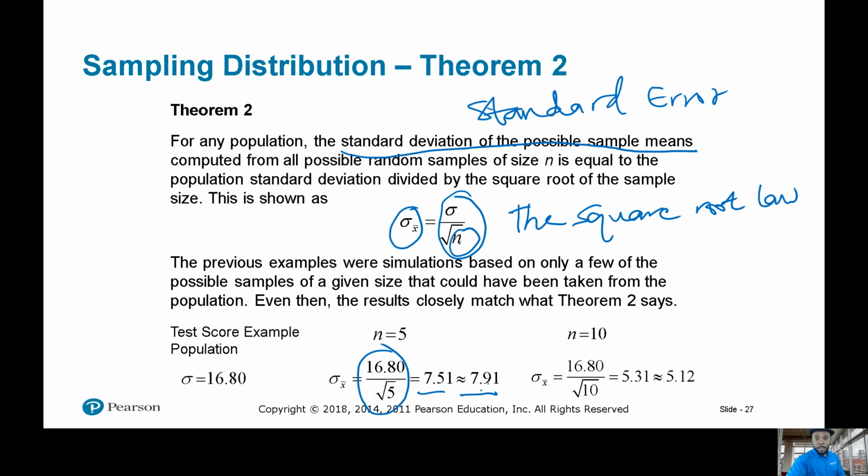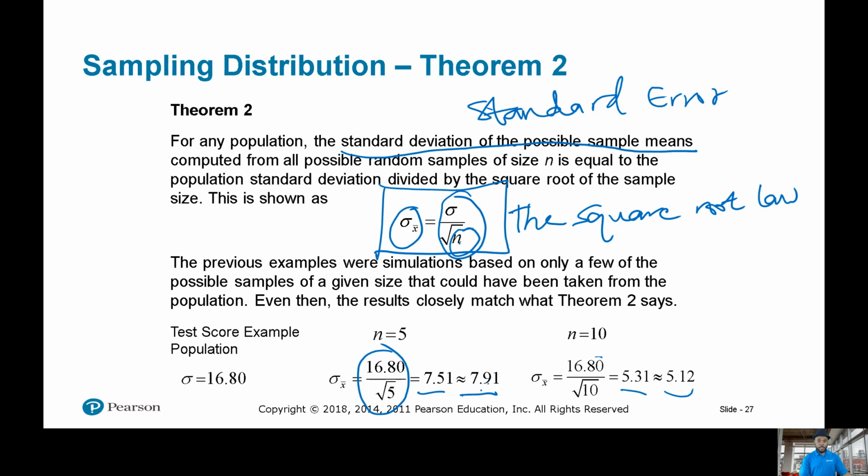This will also give you 5.31, which is close to 5.12, which we got with the formula. Moving forward, you're going to use Theorem 2 to compute the standard error. You don't have to use that complicated formula. Just find sigma divided by the square root of n, and that's what we will use moving forward in determining the standard error.